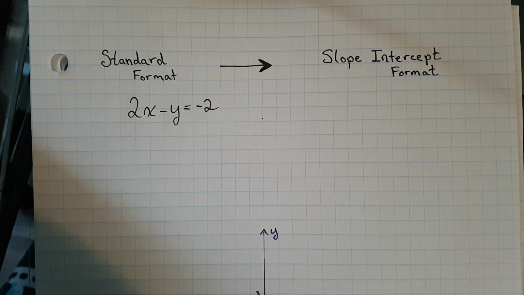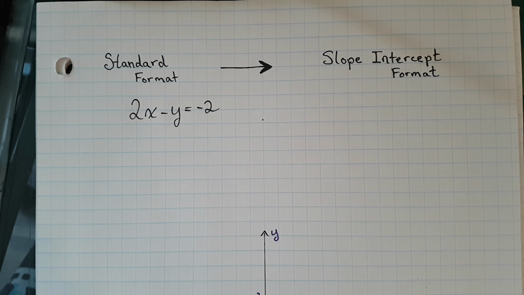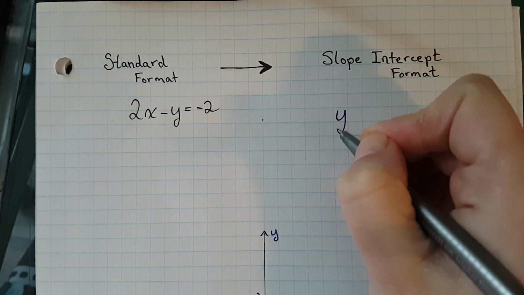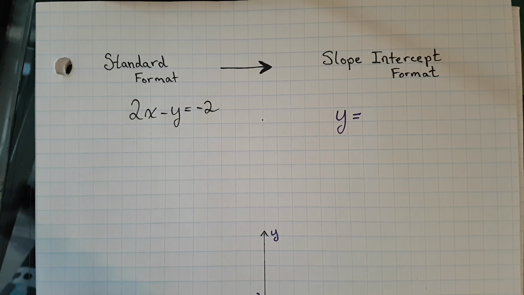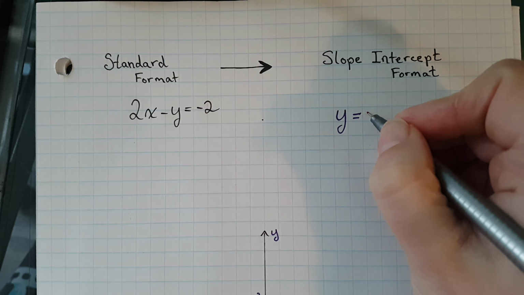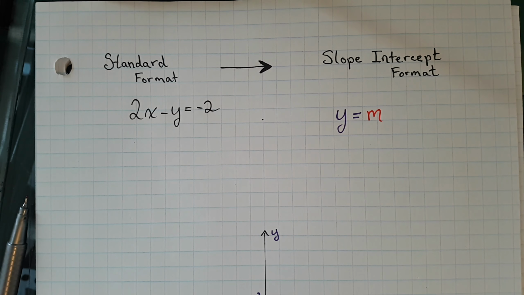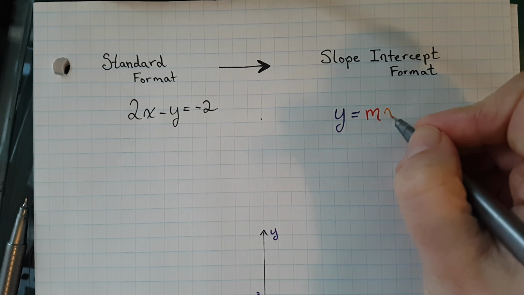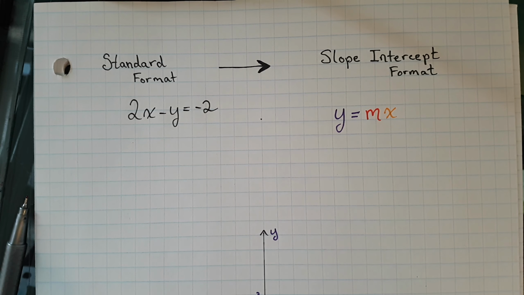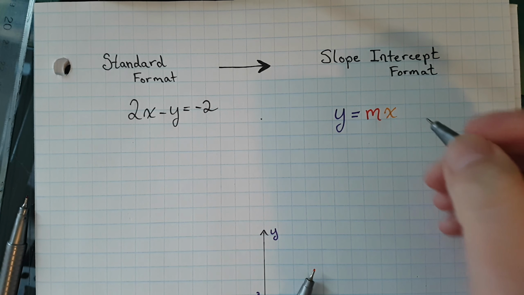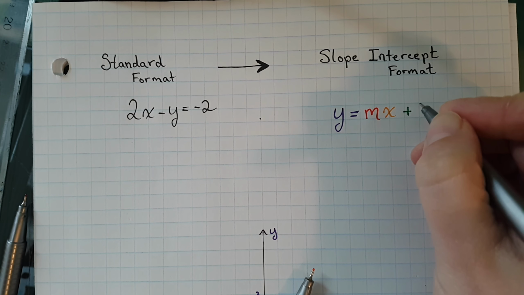Now slope-intercept format is always going to be y equals mx plus b.